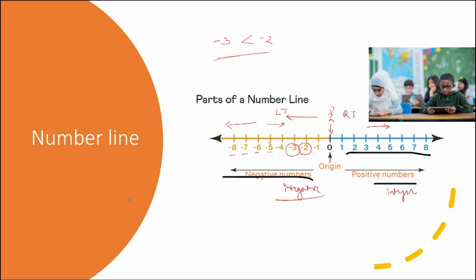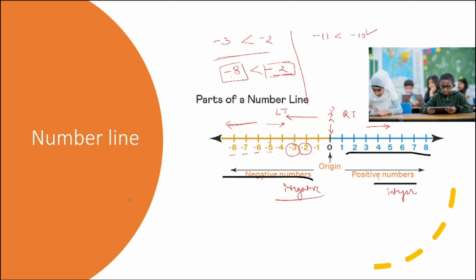Again, which one is greater, -8 or -2? The number which is smaller with the negative sign is greater than the number which is bigger with the negative sign, because it is more to the left in the number line. Another example: which one is greater, -11 or -10?